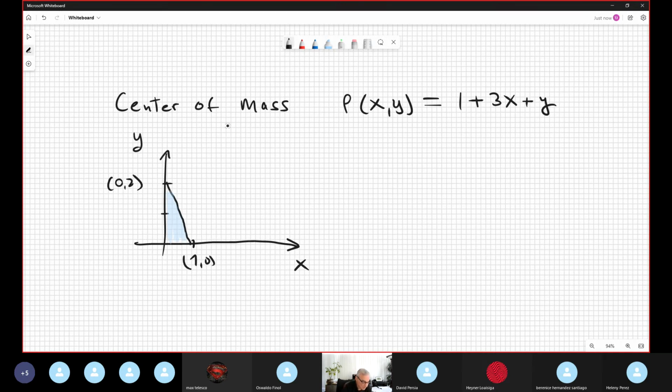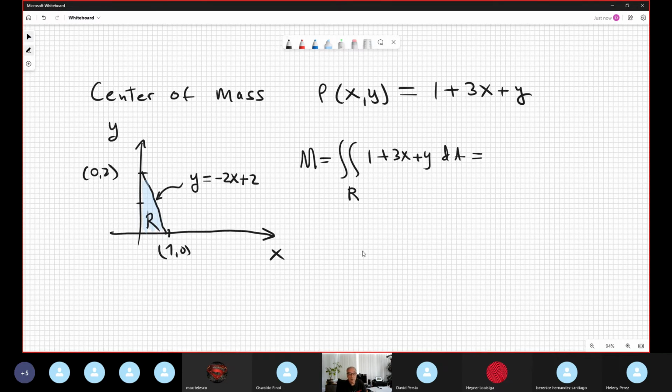So by the way, I computed the line equation, y equals minus 2x plus 2. Okay. This is the region R. Easy. The mass is a double integral in the region R of the density function, 1 plus 3x plus y, dA.